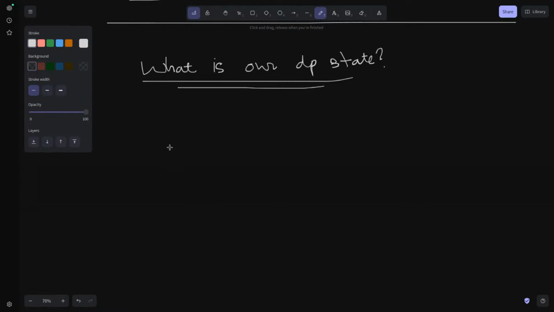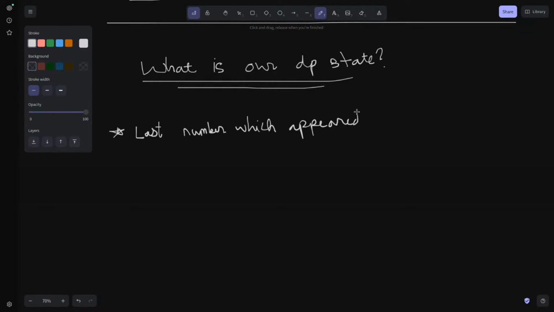So what is important in our DP state? It should be the last number which appeared. This is important. And also what is important is whether it's an up-down zigzag or a down-up type of zigzag.